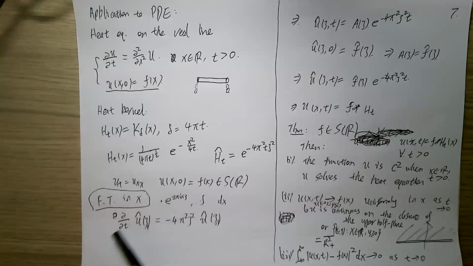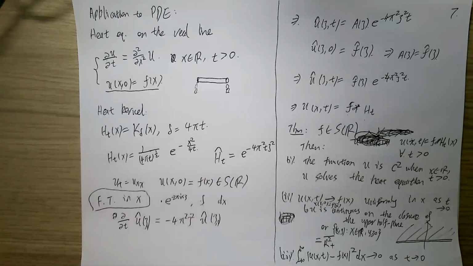Then partial t is still partial t, but partial x disappears, because for partial x you can take integration by parts, and then you will not have any derivative, but it becomes some times xi squared. Right? Yeah. Mm-hmm.